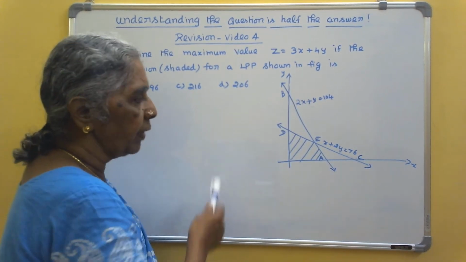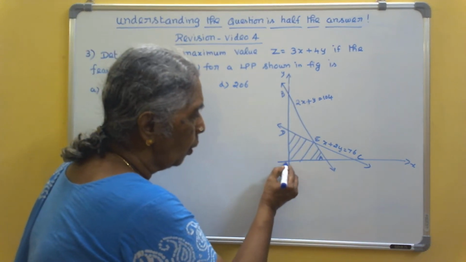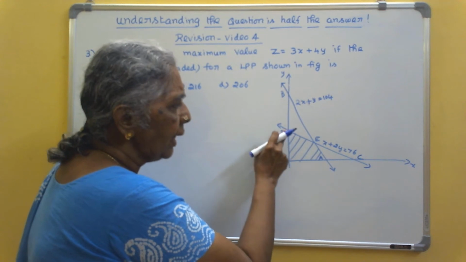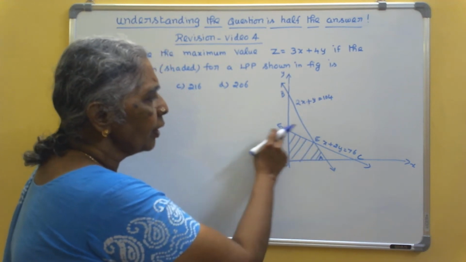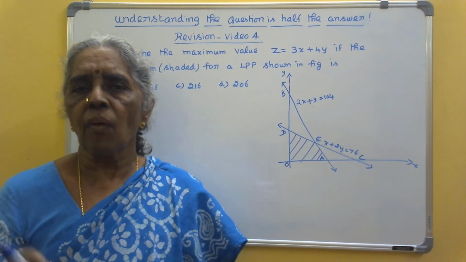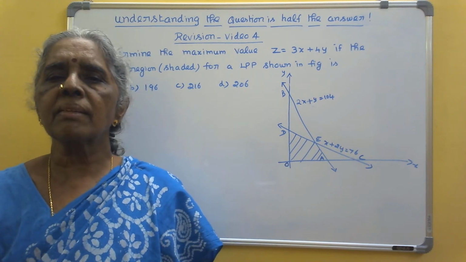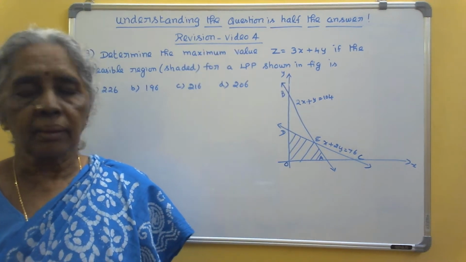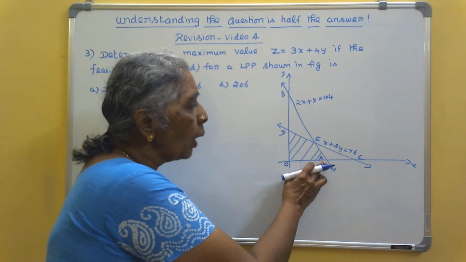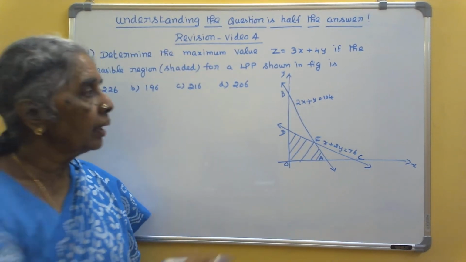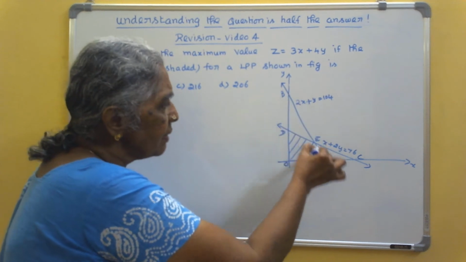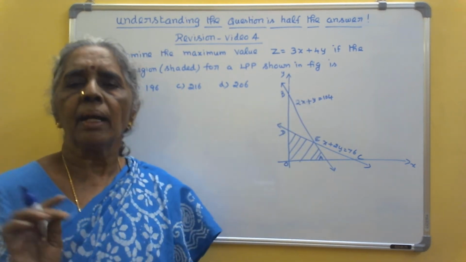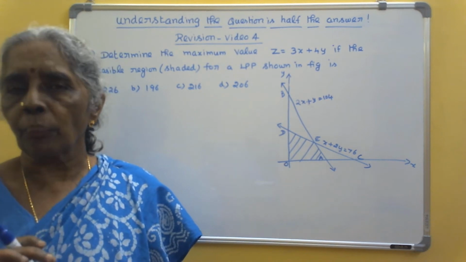If you look at the figure, this is O. So, O, A, E, D are the 4 corner points for the shaded feasible region. O is (0, 0), no problem about it. Now, how to find out A? The equation of this straight line is given to be 2x + y = 104.